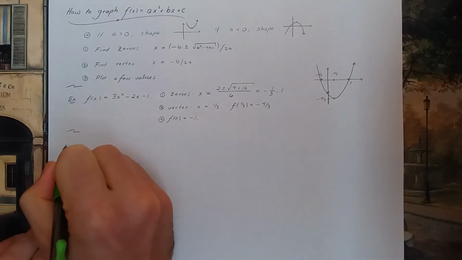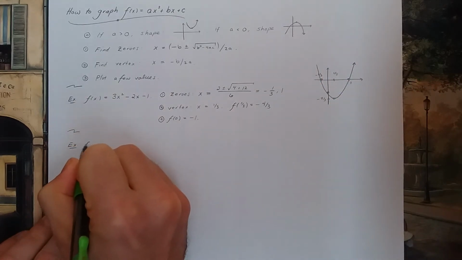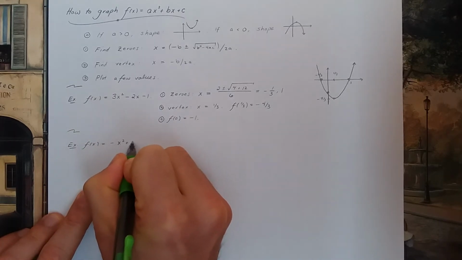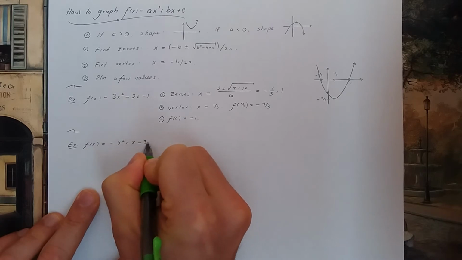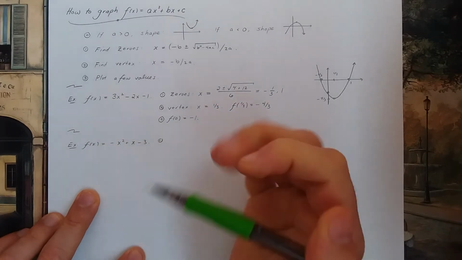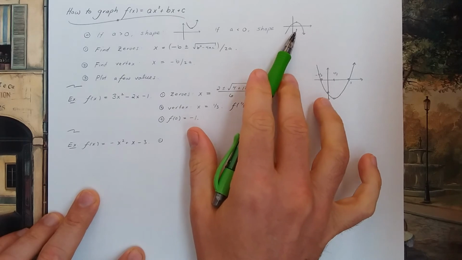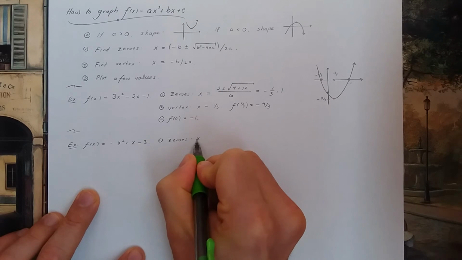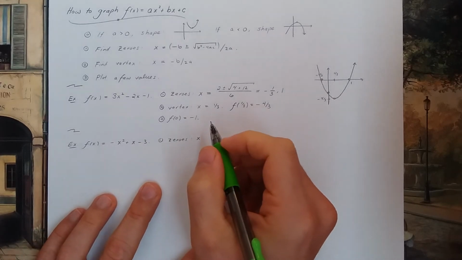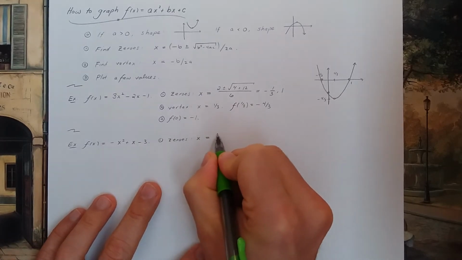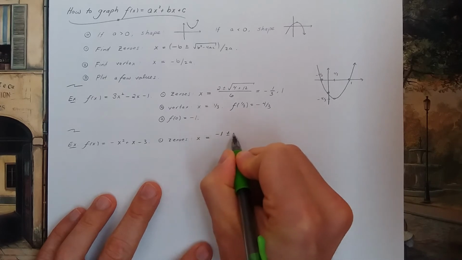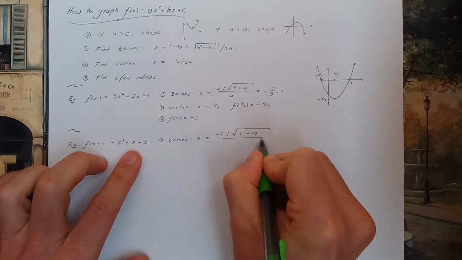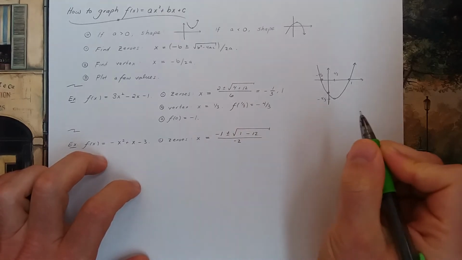So how about if I plot f of x equals negative x squared plus x minus 3. Okay, step 0 is understanding the basic shape I'm looking for. In this case, it's a downward-facing parabola. The zeros are at x is equal to negative 1 plus or minus the square root of 1 minus 12 all over negative 2.